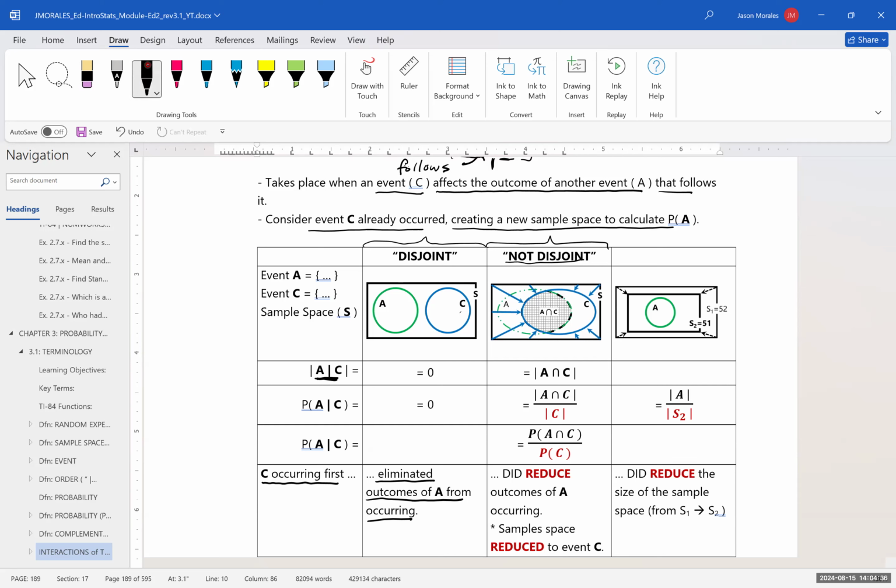When we calculate the probability of A given that C occurs first, that's the order of A intersect C, and usually it's over the sample space, but now the sample space has shrunk to C. So it's the order of A intersect C all over the order of C.